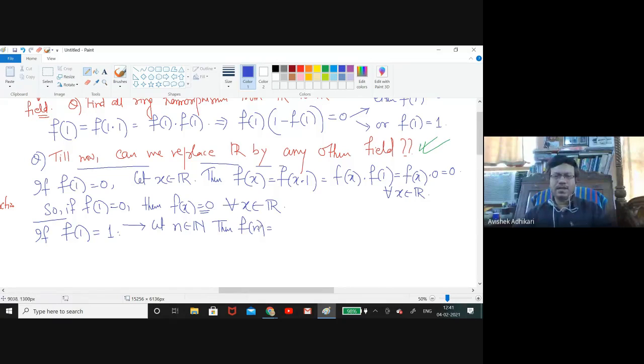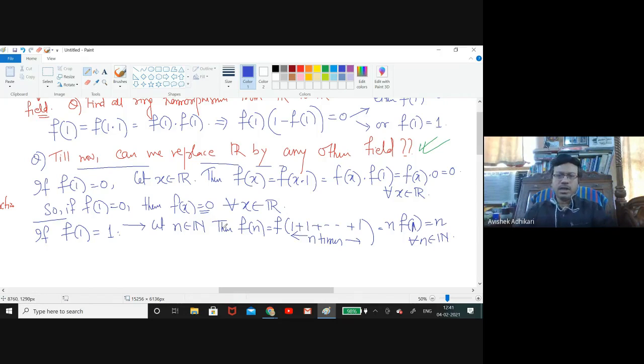You can add 1 n times, so that means f(1 plus 1 plus 1, n times), and that gives you n times f(1). And since f(1) is 1, that means f(n) equals n for all n belongs to natural numbers.